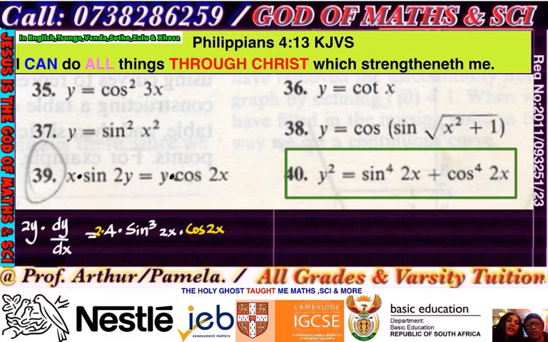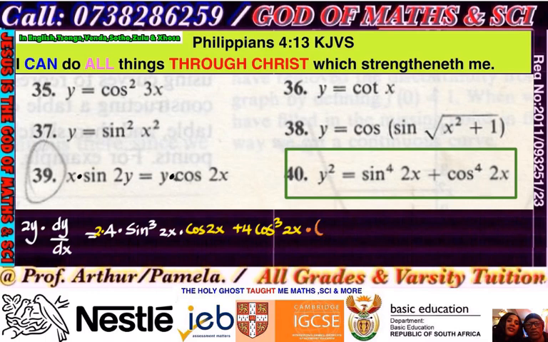Term 1 is done. The next term, I must bring its power rule, then plus the 4. It's going to be cos to the power of 3 of 2x. Then times the derivative of what's in the bracket, the cos 2x.